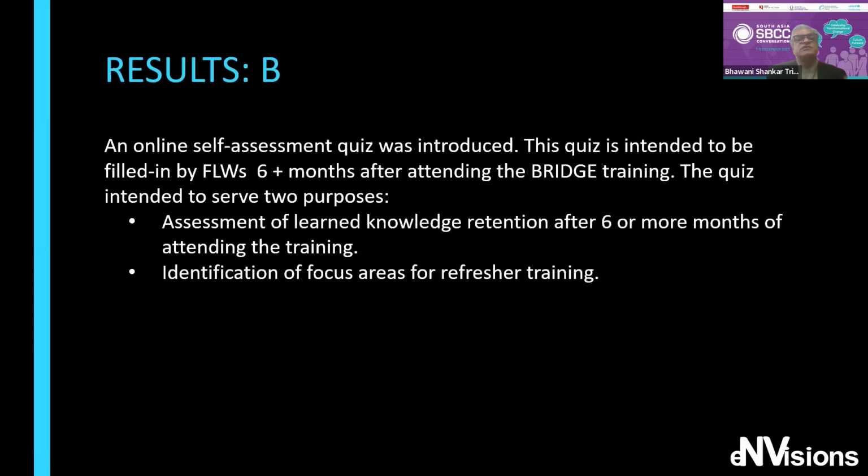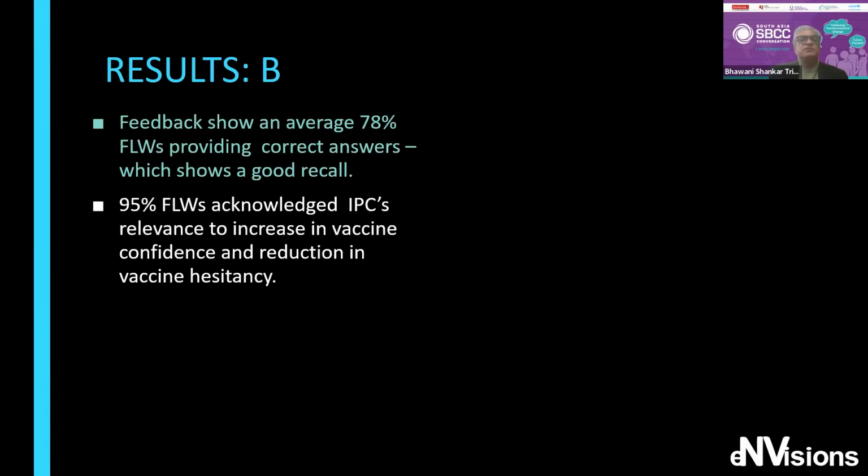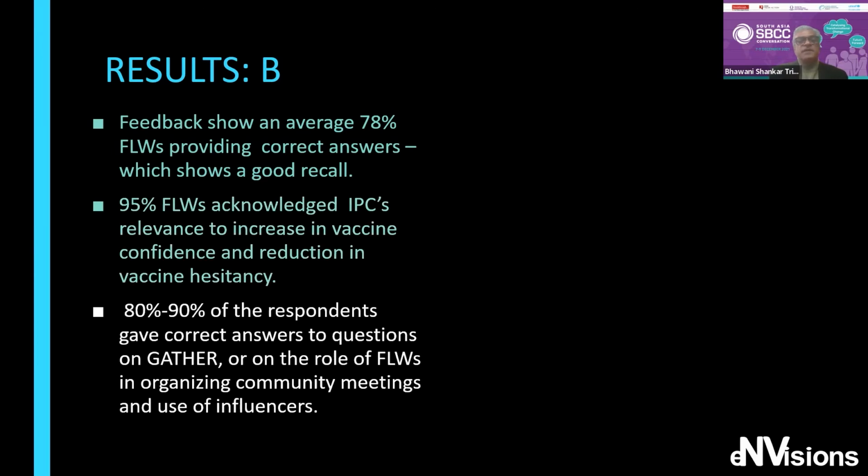And so this was a challenge in many states where they found it difficult to provide the specified kind of trainers. The results actually show here that when we conducted an online assessment, there was a quiz introduced after 6 months of practice. The learning was assessed, and the focus areas, the gaps, were identified so that we could do a refresher training of these. In fact, we had very good feedback which came in. 78% provided correct answers, and 95% of frontline workers acknowledged IPC's importance. 80 to 90% of the responses gave correct answers to the questions on GATHER.